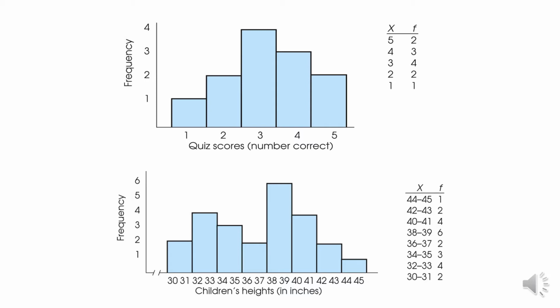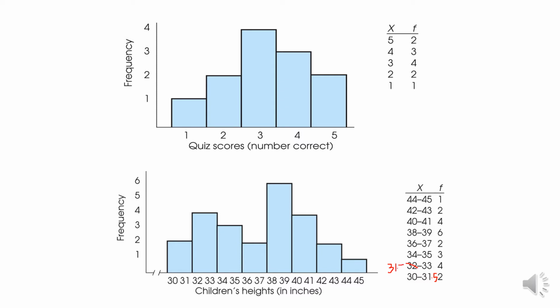Now what adjustment do we have to do? We just add 0.5 to the upper limit of the lower class, and we subtract 0.5 from the lower limit of the next class. So it becomes 31.5.